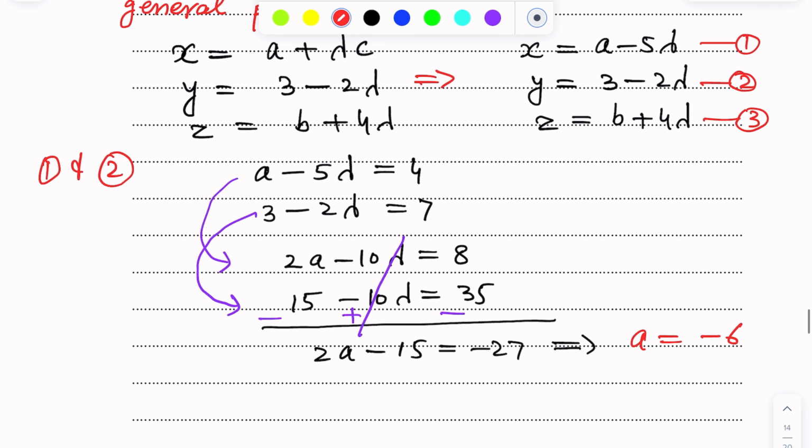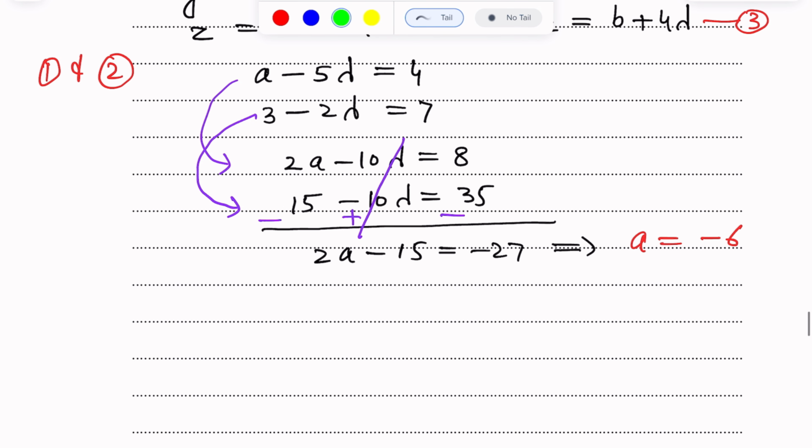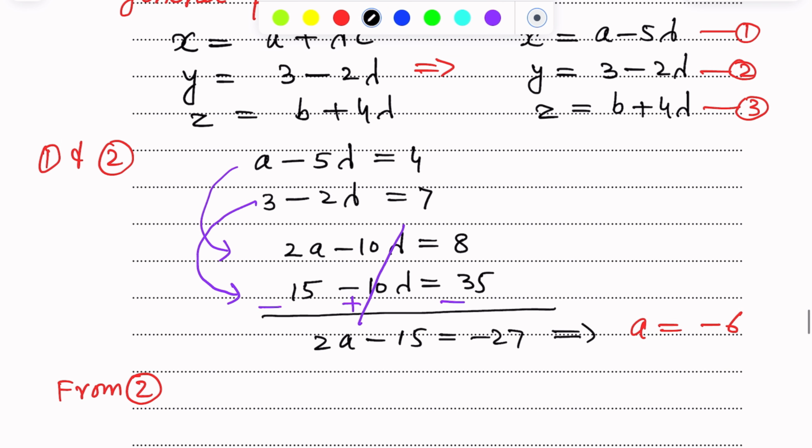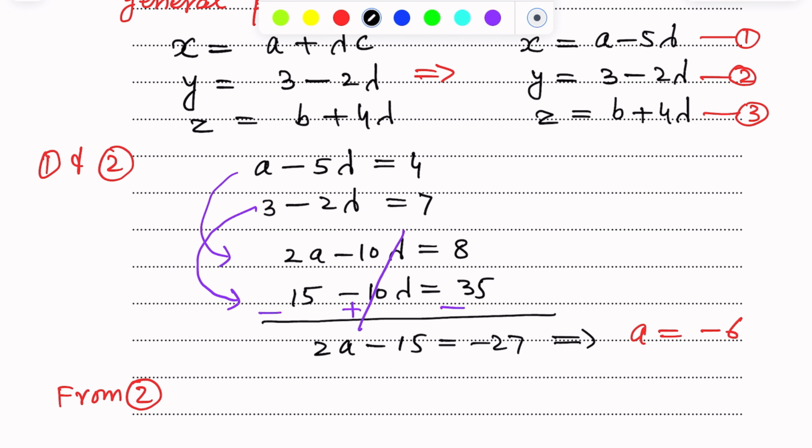Now from equation number 2, 3 minus 2 lambda is equal to 7.